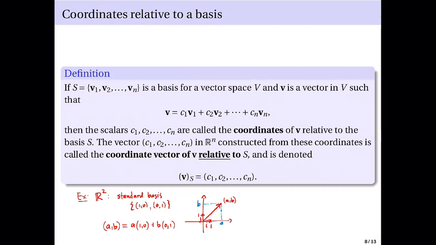Consider another basis. Let us go to R3. We have seen earlier 1, 0, 0, 1, 1, 0, 1, 1, 1. We have seen that this is a basis for R3. Particularly, if we get an element of R3, a, b, c, how can we write this using the formula that we had earlier?